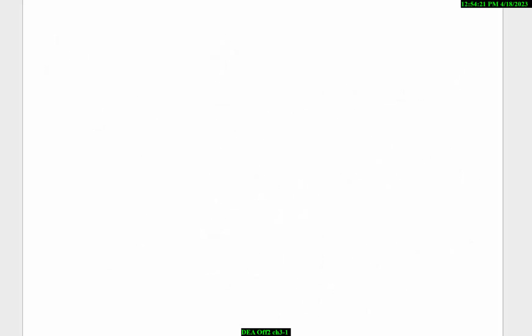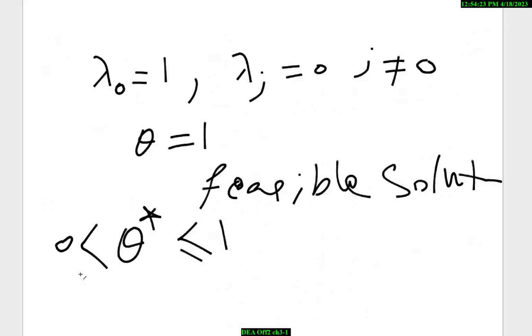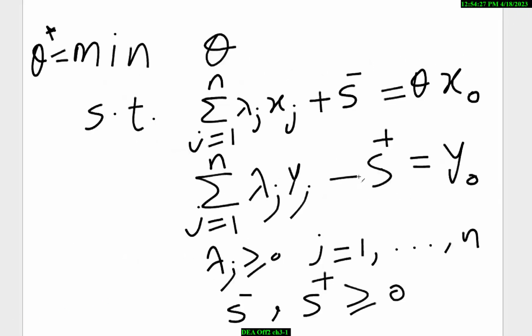Indeed, we first solve this model, and then by putting the optimal value of theta, we search for the slacks, to see if there is an optimal solution that has positive slacks.